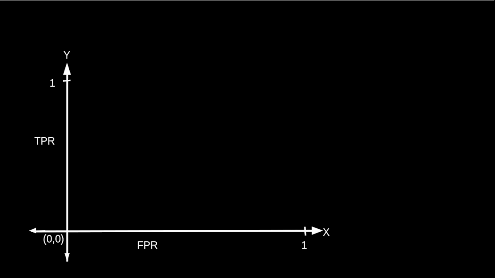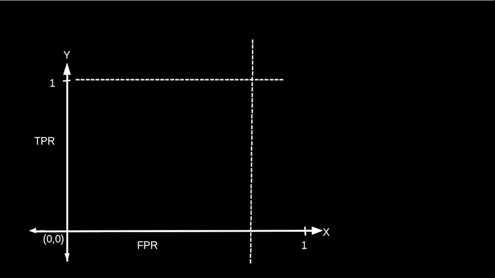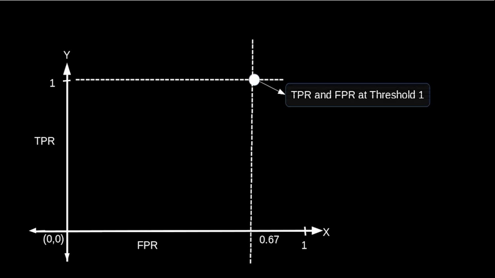The ROC curve consists of false positive rate on the x-axis and true positive rate on the y-axis. Now let's draw the combination of true positive rate and false positive rate at threshold 1. Threshold 1 consists of true positive rate 1 and false positive rate 0.67. So this is the point of combination between true positive rate and false positive rate at threshold 1, which is 0.1.